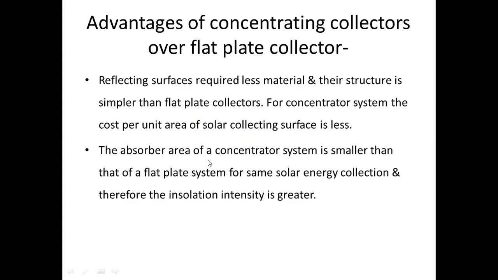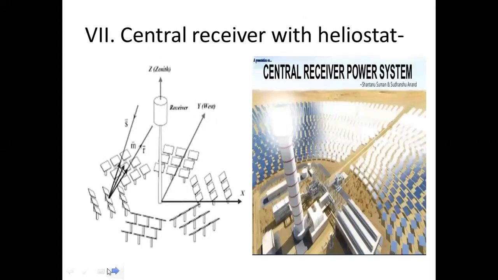The second advantage of the concentrating type collector is the absorber area. So this is the absorber area in case of the concentrating type collector. In case of the flat plate collector, which one is the absorber?